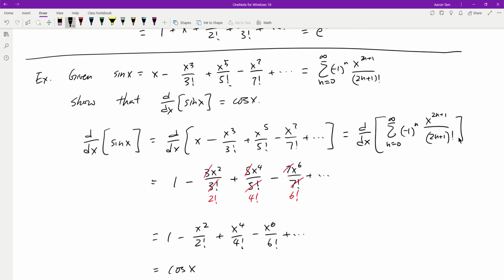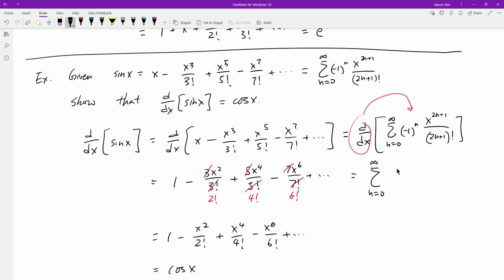First, the derivative can actually be moved inside our summation, because the summation is just a sum of a whole bunch of terms, so I can take the derivative of each individual term and then add them up. Also, in this derivative, notice negative 1 to the n and 2n plus 1 factorial are both constant. Therefore, I can move them out of the differentiation.